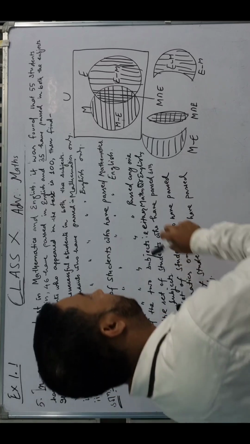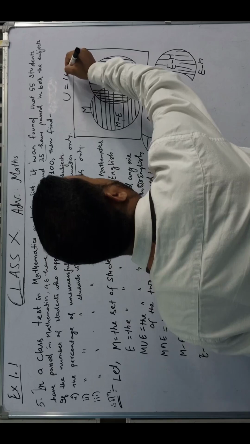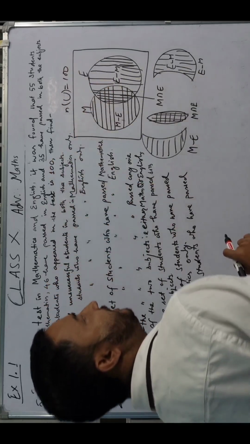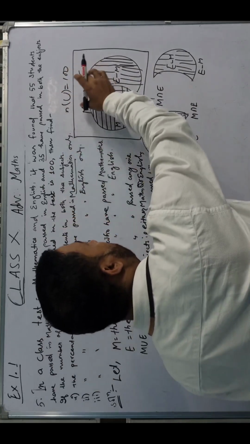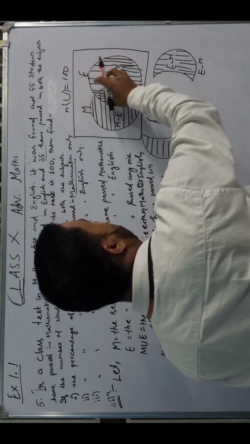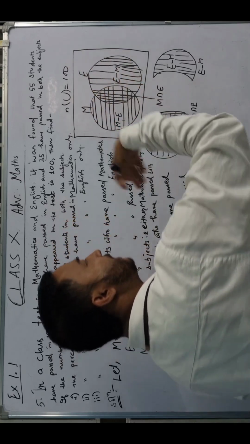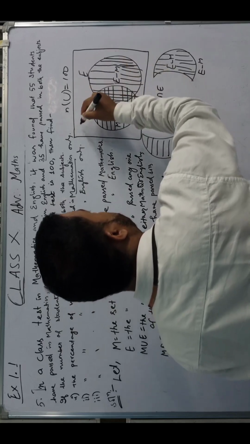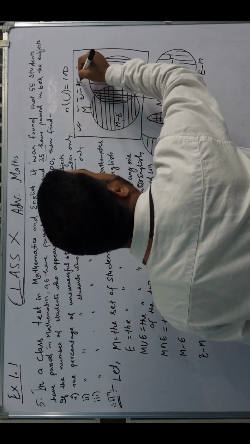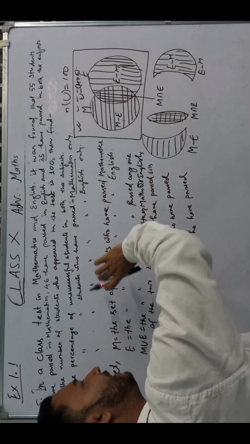Now you see, the number of U is 100 because 100 students appeared in that exam. Out of 100, some students passed mathematics, some students passed English, and some could clear both the subjects. But there are some students who could not clear any of the two subjects. Those students will be here in this part. It will be U minus M union E. M union E was any students who have passed at least one subject.